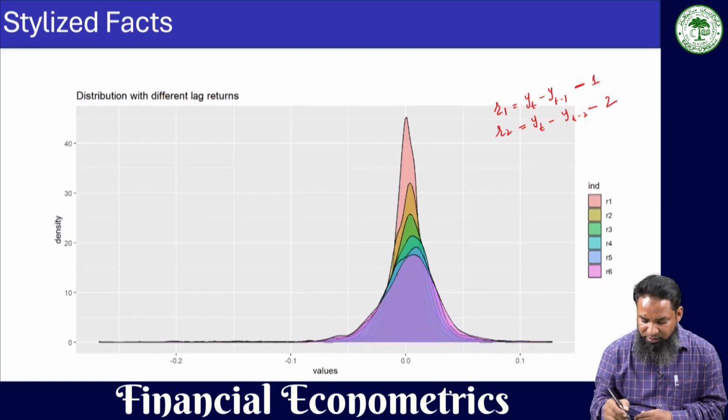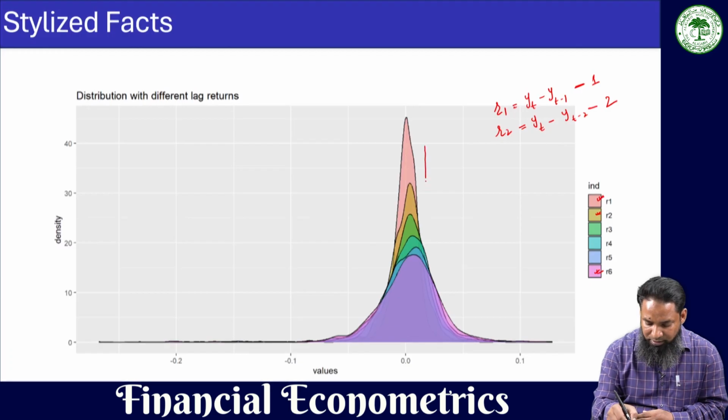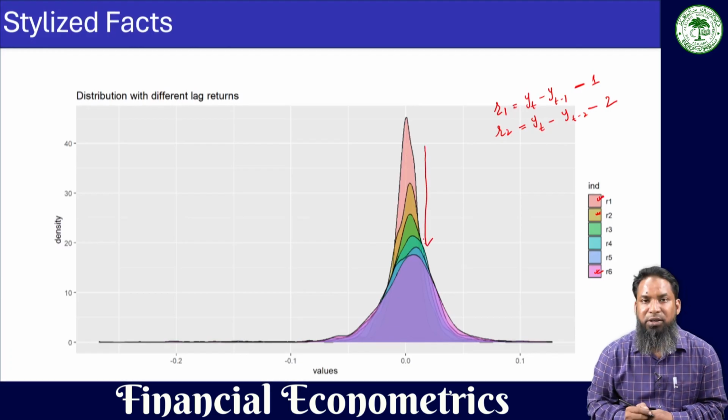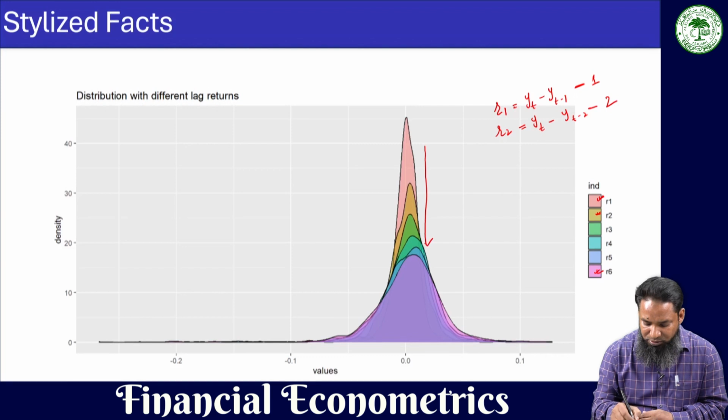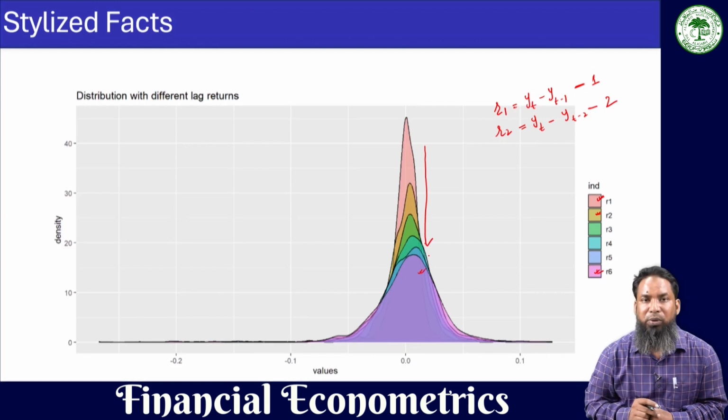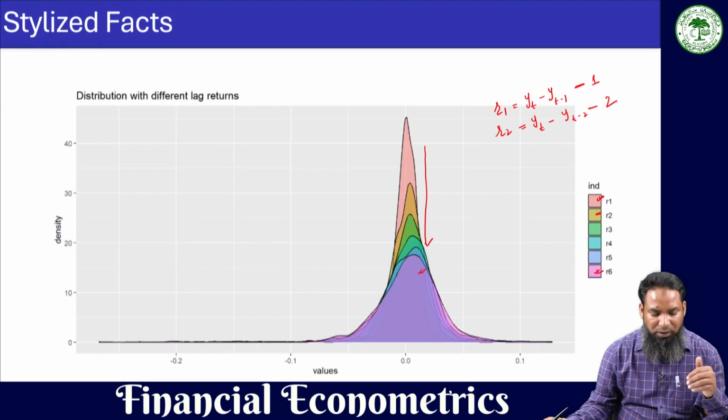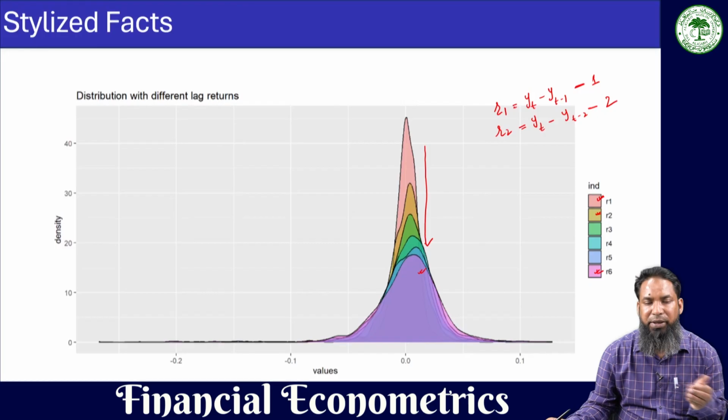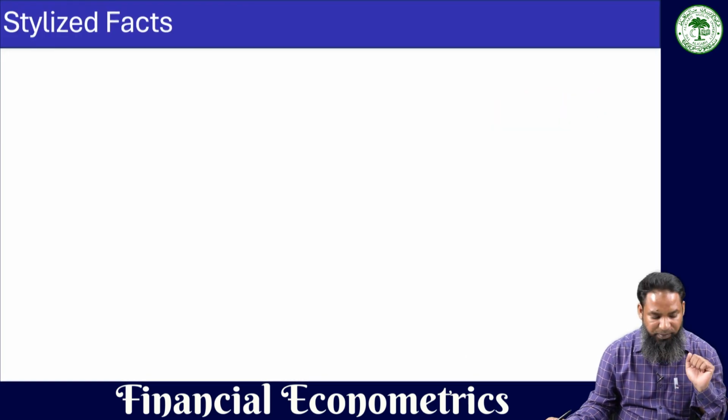Here we can see as the lag increases, lag 1, then lag 2 and so on, the distribution moves towards the normal distribution. That's the stylized fact which we observe across assets, across the market and over a period of time.